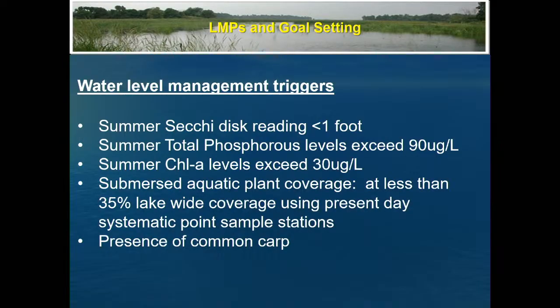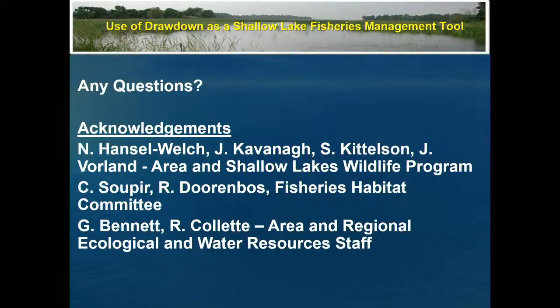And then the presence of common carp, we want them out of there. So if we start seeing common carp, we get some dirty water, our vegetation's going away, that's when we'll start looking at a drawdown.